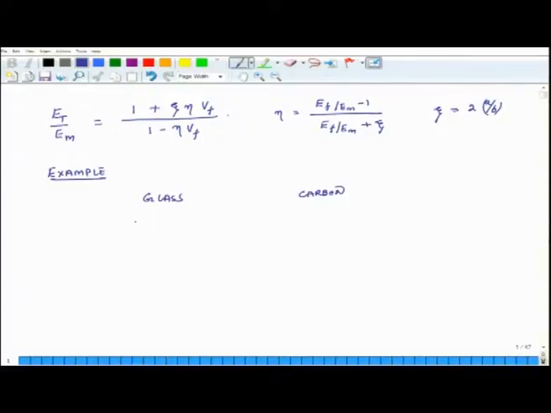The first volume fraction would be 10%, so Vf is 10%, and the other volume fraction which we could consider could be 50%.